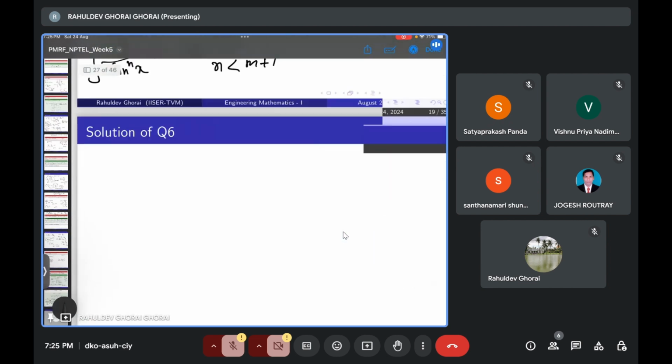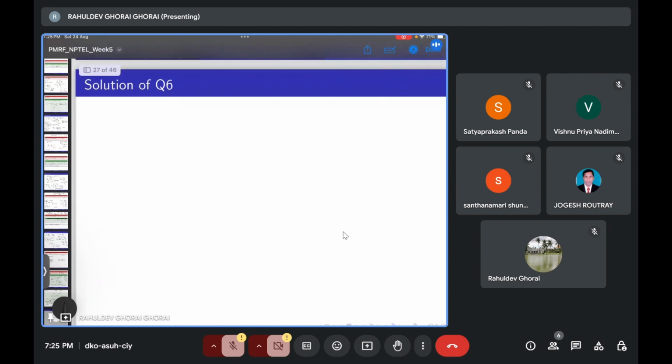So our integration is from 0 to pi by 2 of x to the power m over sine to the power n x dx. m and n are positive numbers.